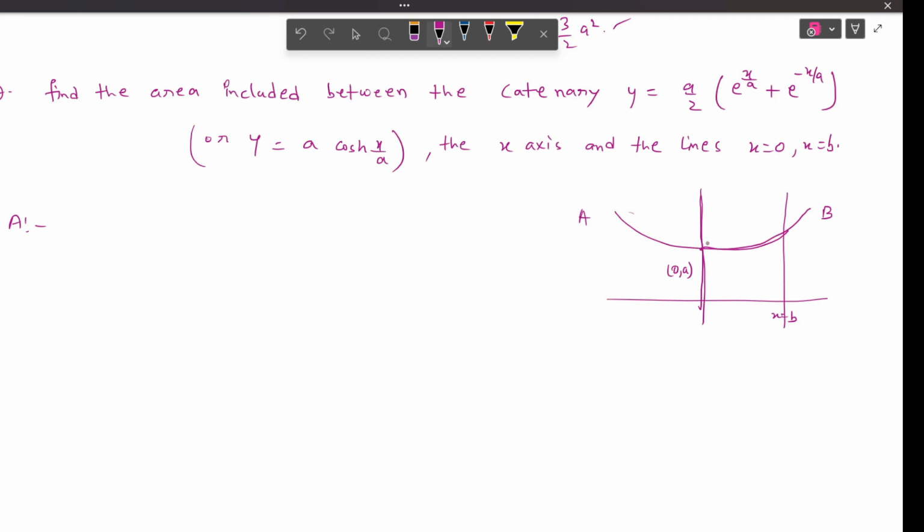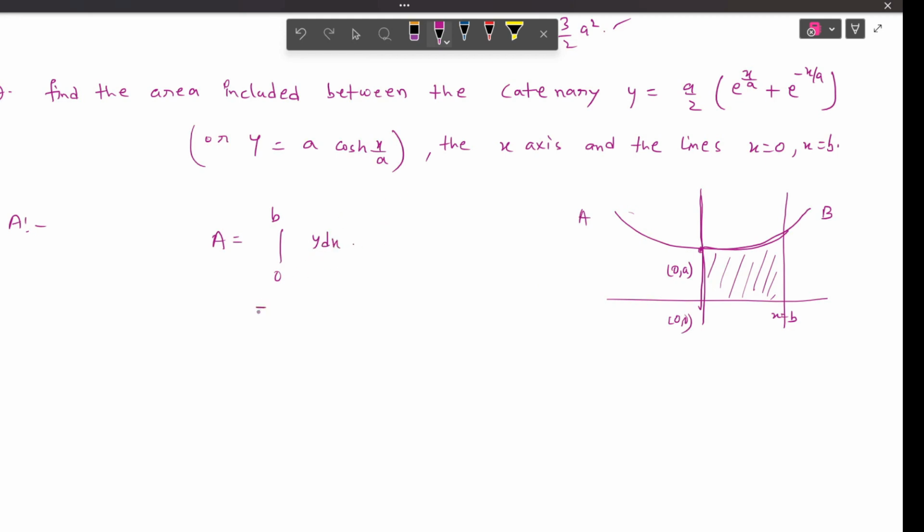Okay. So this catenary graph is symmetric about y-axis. Its vertex is at 0, a. And what is area? This much area we need. So our area would be integration from 0 to b, y dx.